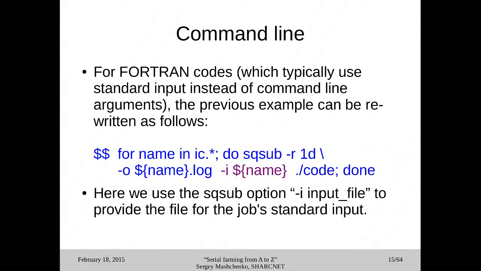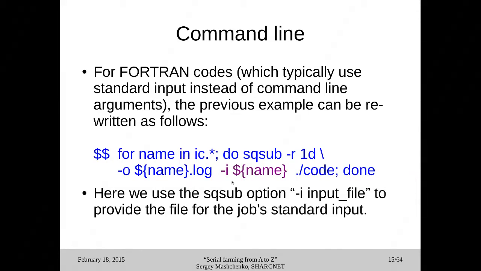The next situation is typical for Fortran codes, which typically don't deal with command line arguments. Instead, they can expect standard input. So they want some standard input, which should be unique for each job, each separate job in your serial farm.